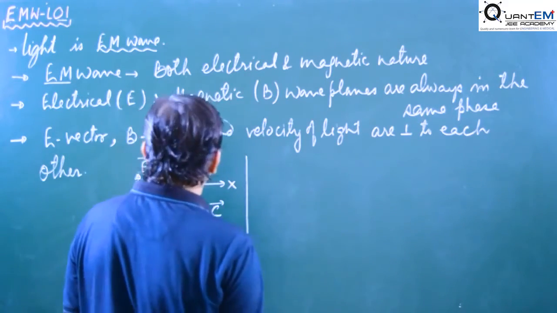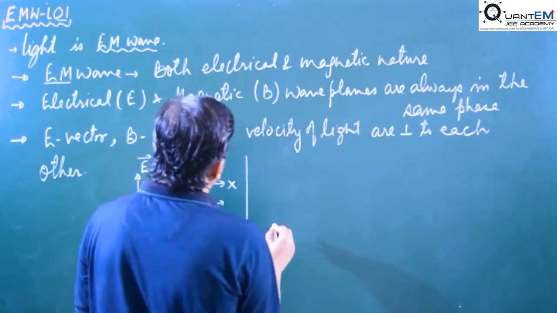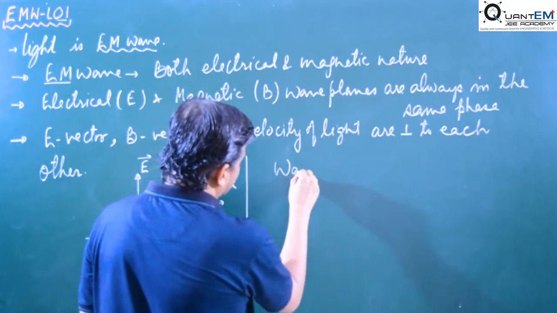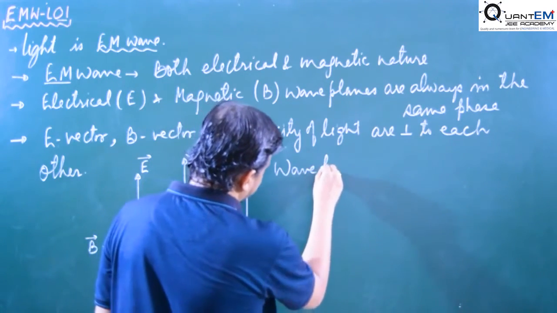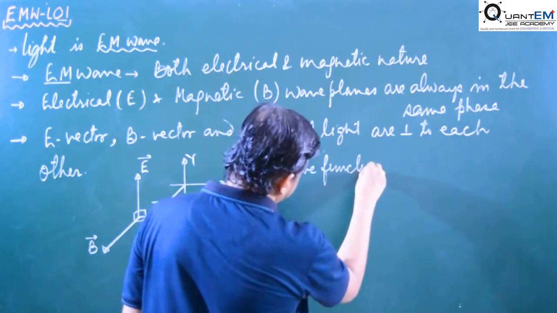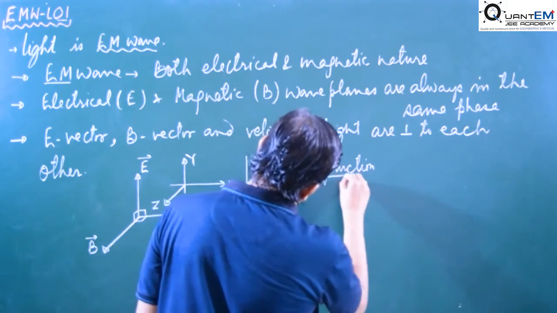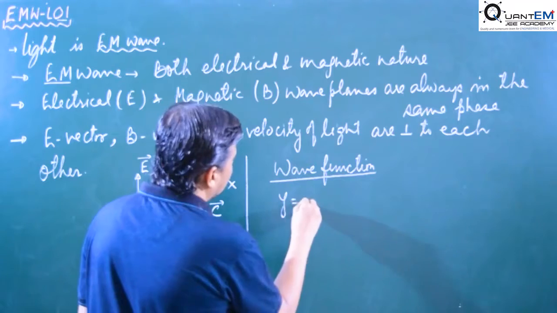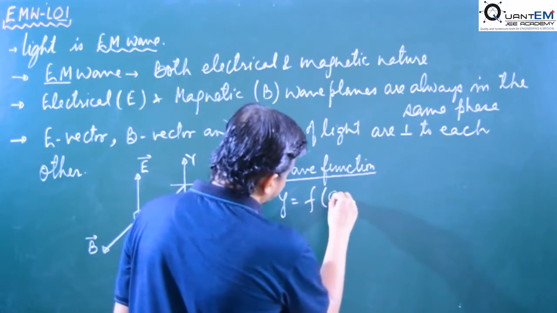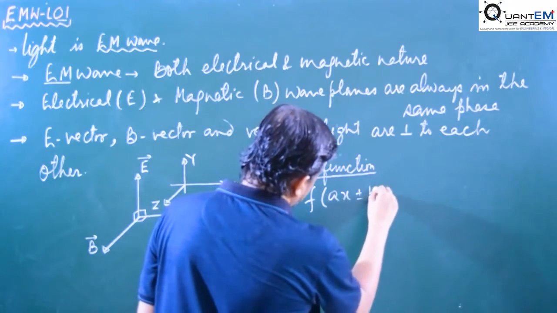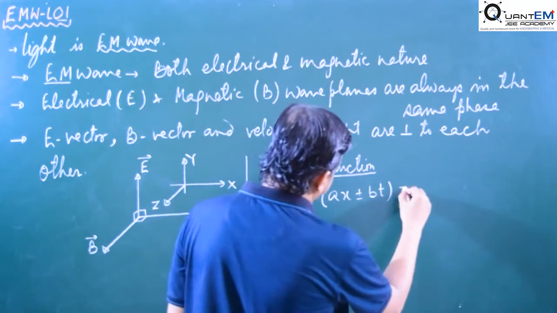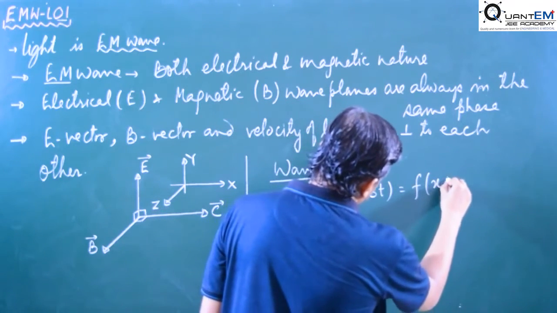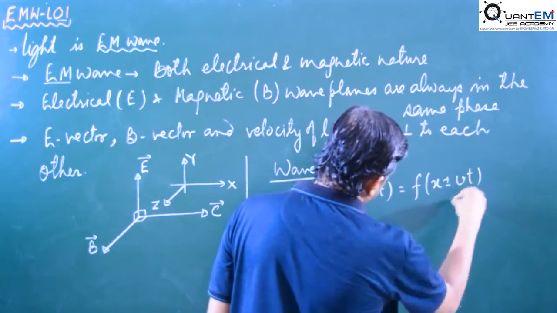अब देखिए वेव फंक्शन, थोड़ा मैं 11th का ये बता देता हूँ, माइनर पार्ट. Wave function, y is a function of ax plus minus bt. It may also be written as f of x plus minus bt.